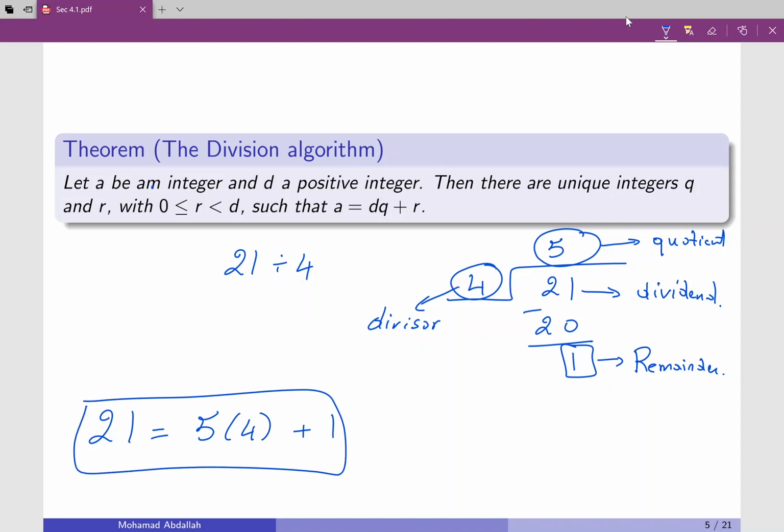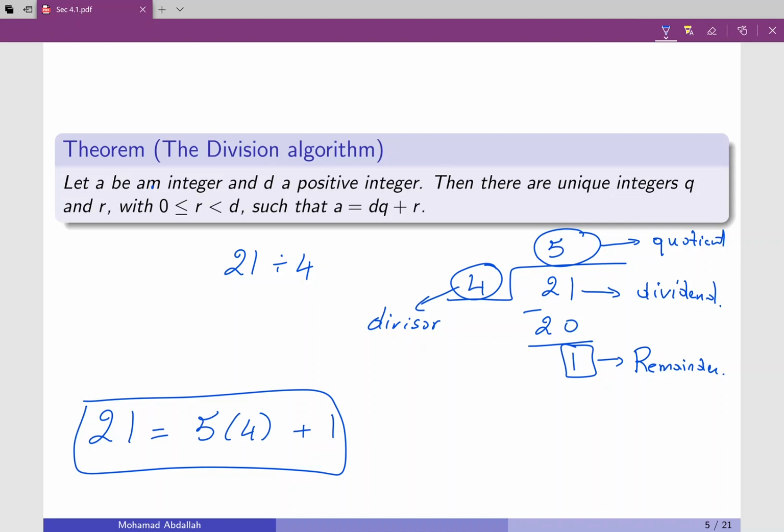So let a be an integer and let d be a positive integer. Here I want you to keep in mind one thing. Every time we want to divide by a number, we're dividing by a positive number. Now I'm dividing a by d. A could be negative, I say a is an integer here, but d has to be positive.